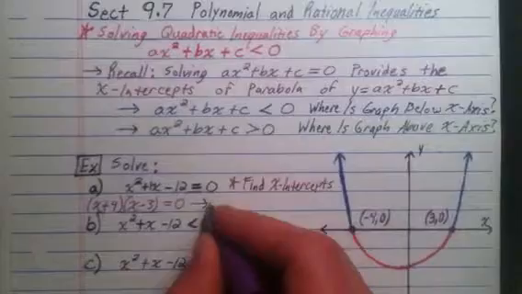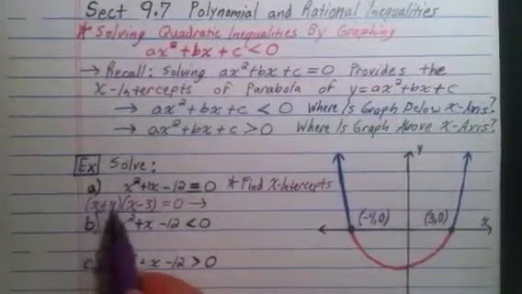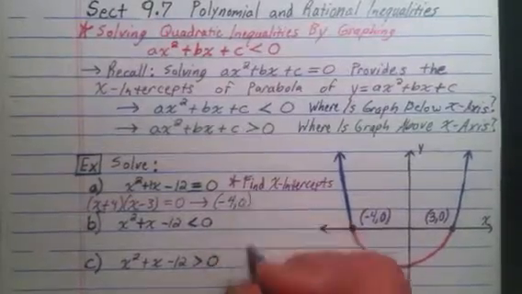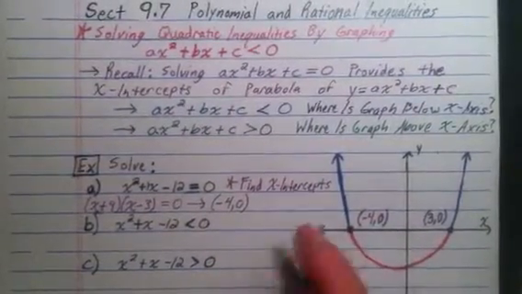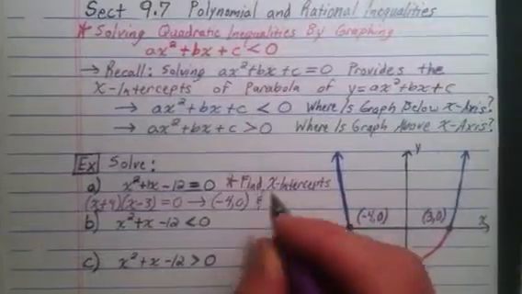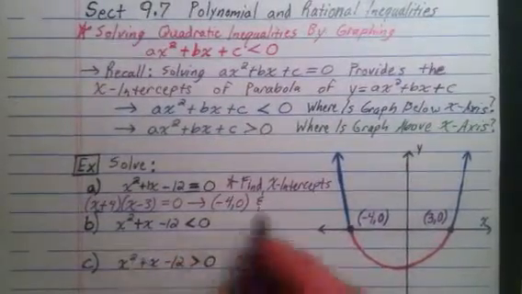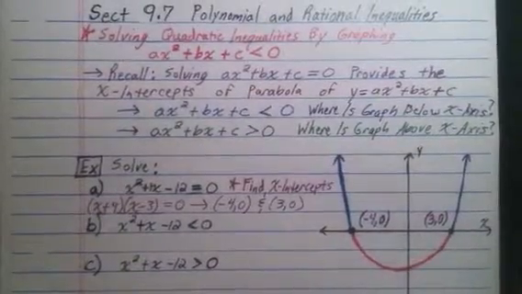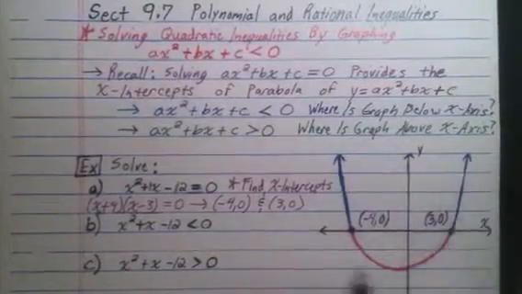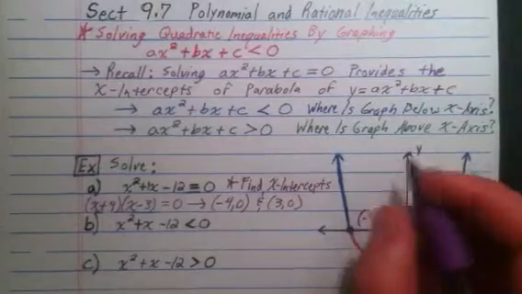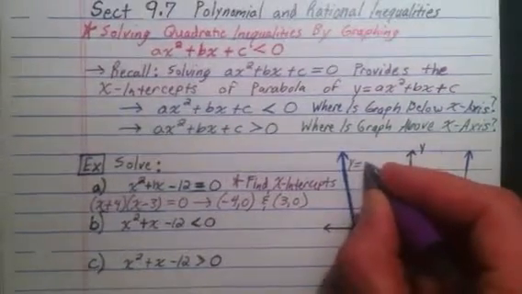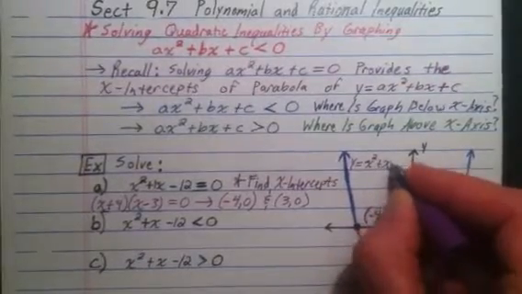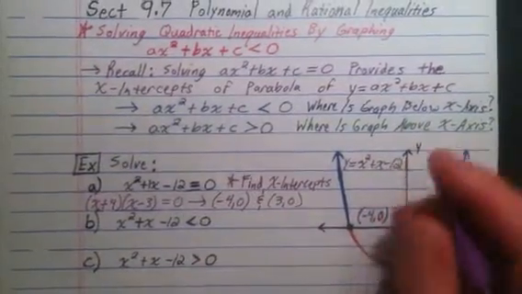What makes this parenthesis 0 would be a negative 4, so negative 4, 0 is one of our x-intercepts right there. And then a positive 3 would make that parenthesis equal 0, so 3, 0 is our other x-intercept. So this right here is the graph of the equation y equals x squared plus x minus 12.